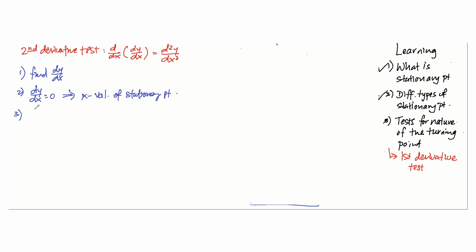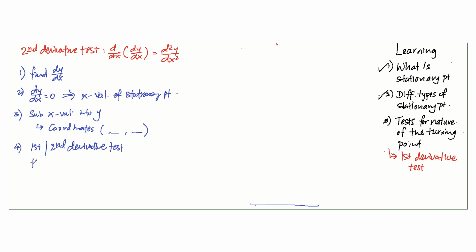And then number 3, I need to sub the x value into my original equation in order to get my coordinates. And then number 4, I need to apply my first or second derivative test to determine the nature of the turning point. Okay, so these are the steps to follow.